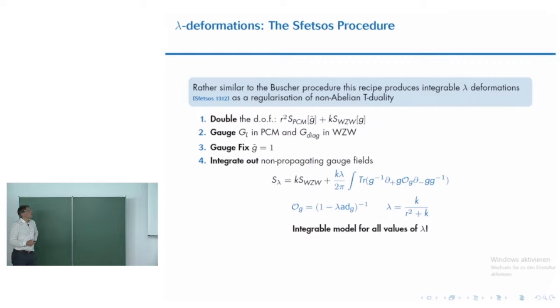Okay, so this is a deformation. It's an integrable model that deforms away from a Wess-Zumino-Witten model. There's a particular construction of the integrable model, which was introduced by Sfetsos, which is a bit like doing a Buscher procedure, something like that. And here's the action for the lambda model.